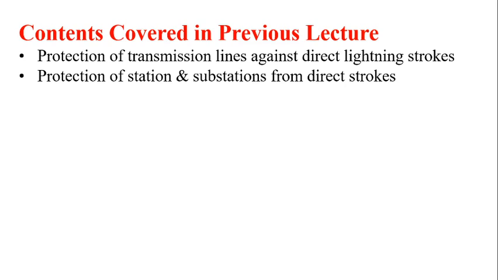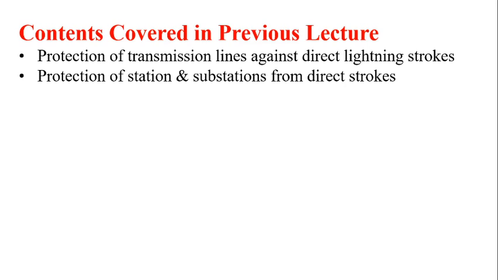In order to provide the protection not only for the transmission line, but for the station as well as the substations, we have different protective devices. With the help of ground wires also we can provide protection, where the entire ground wires will be covering the station as well as the equipment below.